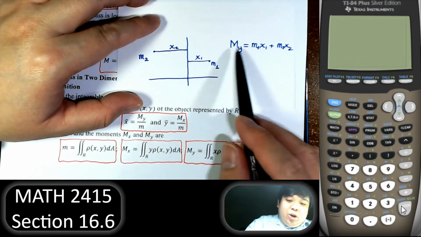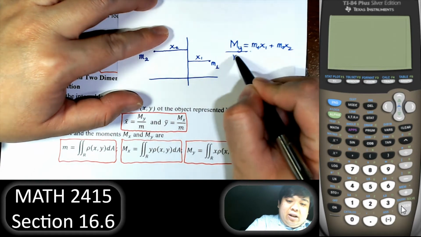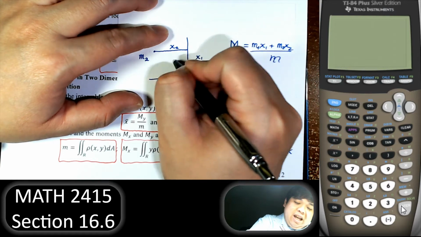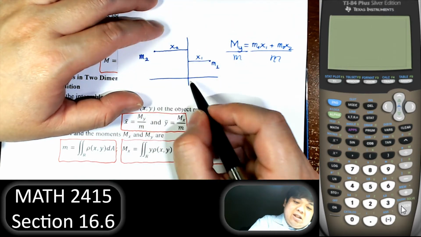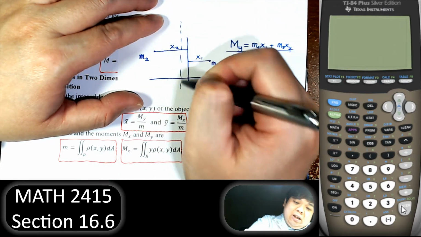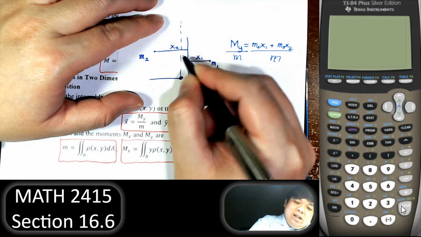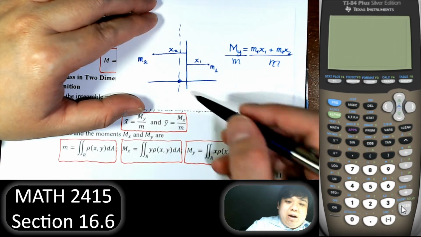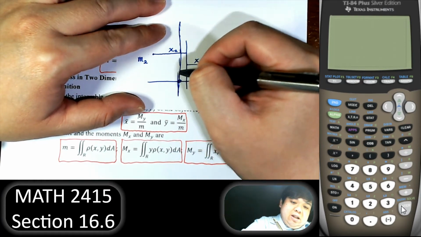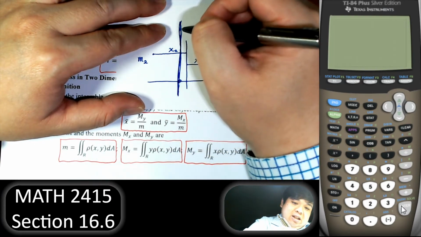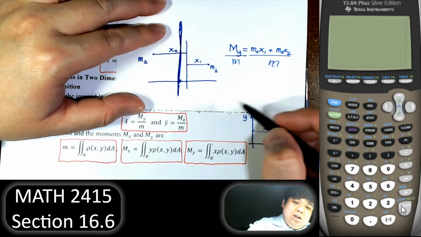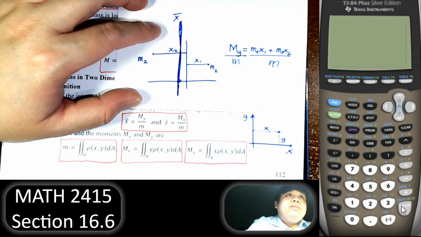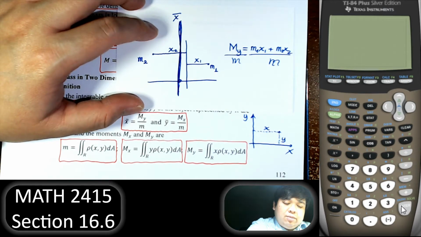When we do that and divide by the mass m, we have the center of mass on the x-axis, so it will be somewhere in the middle here. We won't talk about the y-coordinate now, we'll worry about that later. But the center of mass will lie on this line, which is x bar, right?